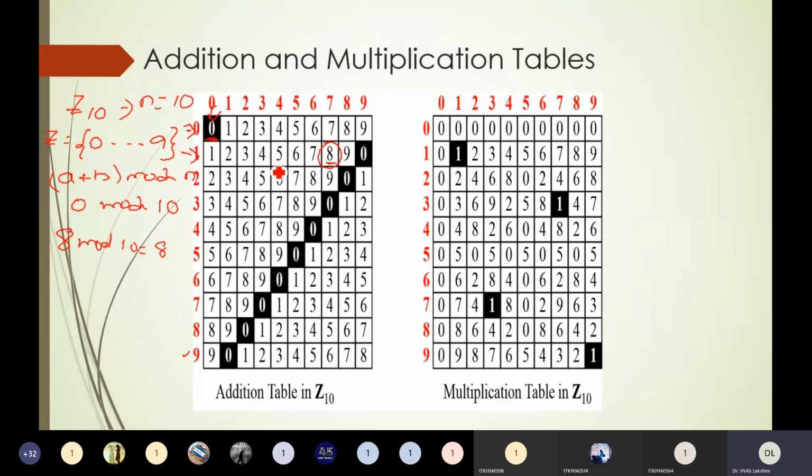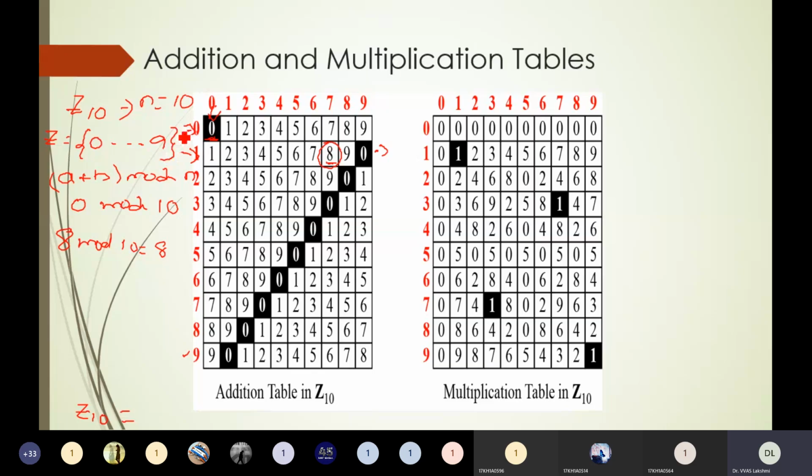So whenever you get the value 0, those elements are in the additive inverse set. So here, what are the values in Z10 for additive inverse? Which elements will have the value 0?